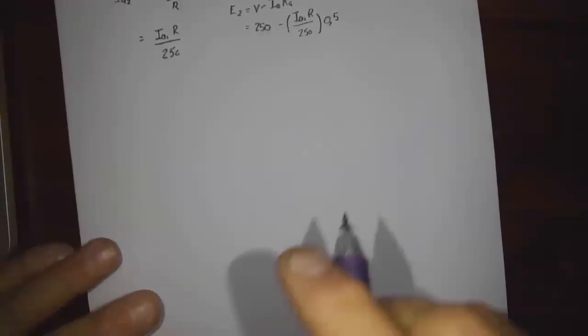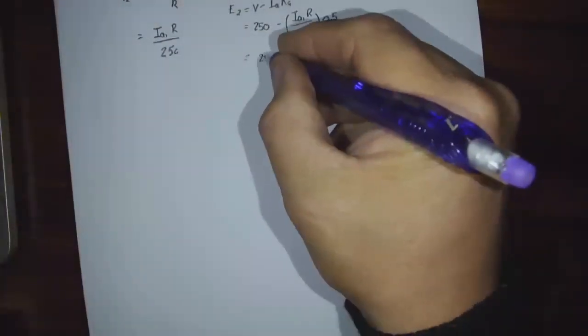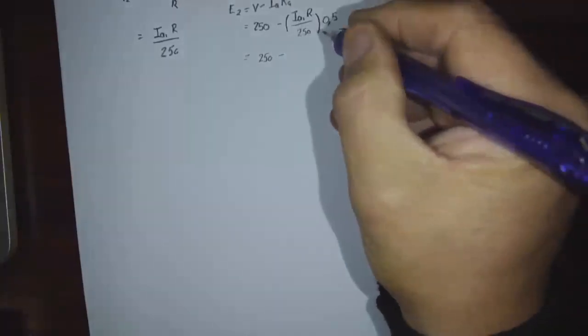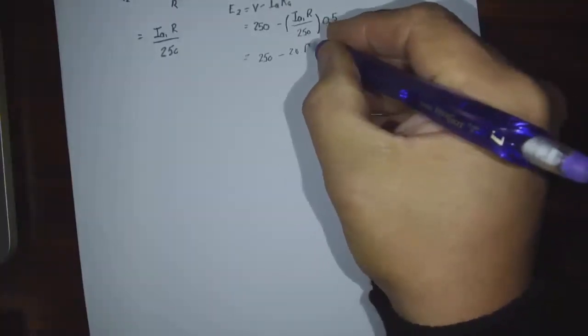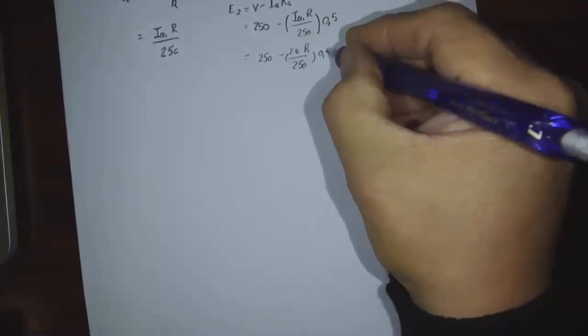All right. So now if we simplify that, what does it get us? 250 minus, first write it out, 20 R over 250 times 0.5.